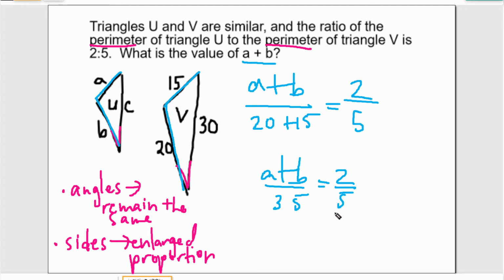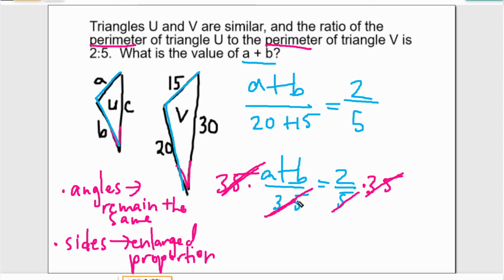Now we could cross multiply, but since we're just looking for A plus B, why don't we just do this a slightly simpler way and just say, we just want to eliminate that 35. How would we do that? Well, we would multiply both sides by 35. That would be actually a little easier than cross multiplying, because you'd have to divide more in the end with cross multiplying. So let's see.